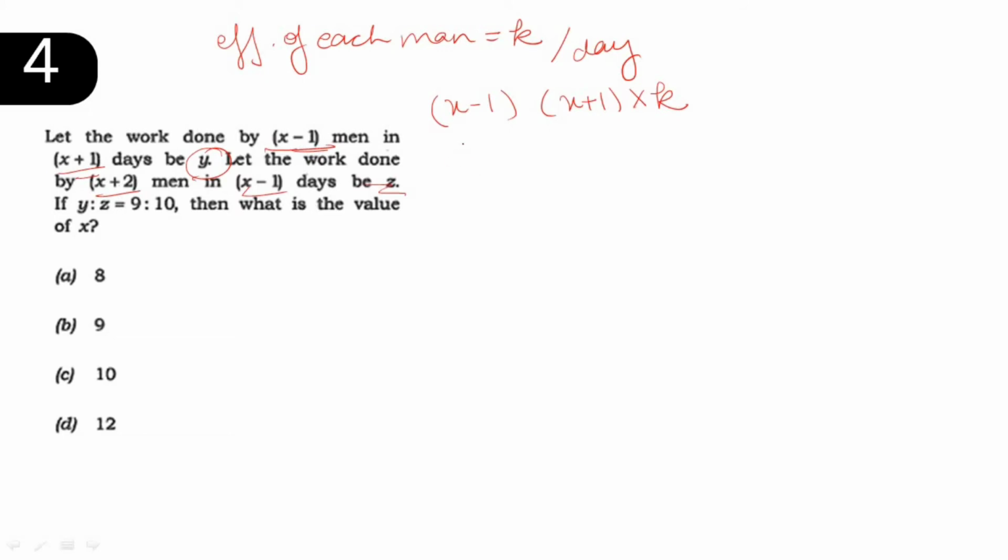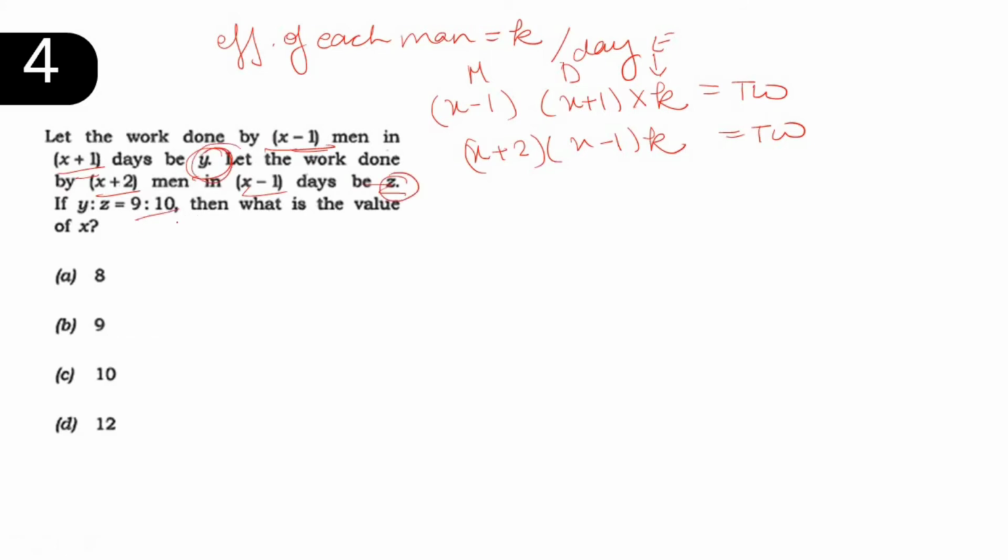And the second thing is x plus 2 men in x minus 1 days will again do this much amount of work. Here there are men, here there is day, and here is the efficiency. This will come as total work. So here it is given that let the total work be z and the total work be y.